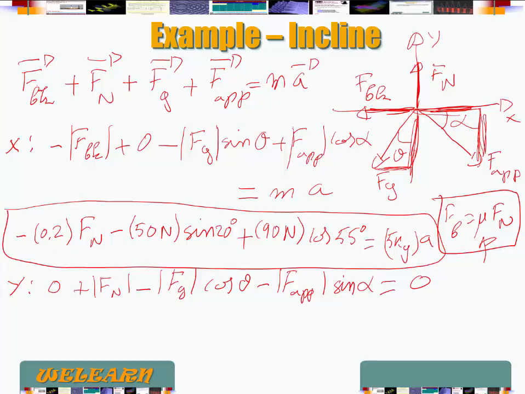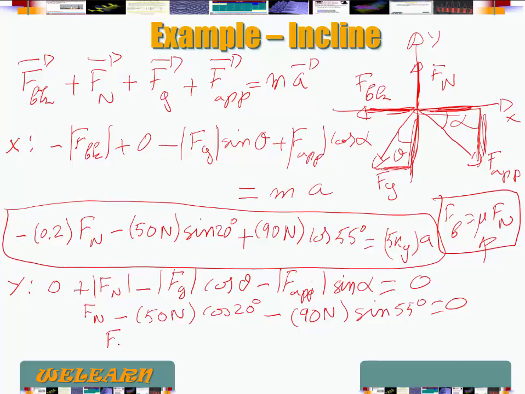Rewriting this with the quantities that we know. So we have Fn that we don't know, minus Fg, that's minus 50 newtons cosine of 20 degrees, minus Fap, which is 90 newtons sine of 55 degrees, is equal to 0. Notice here that we have only one unknown, Fn.